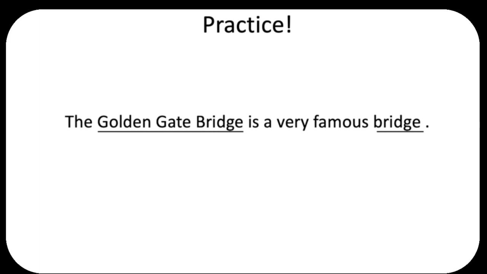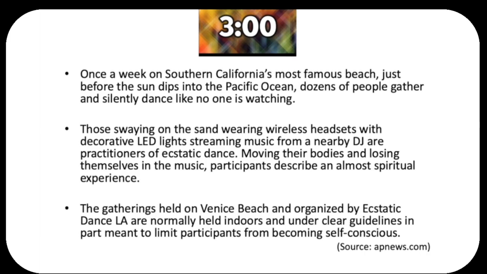Now let's practice what we have learned today in a practical context. Here is an article from the website apnews.com. Can you identify all the types of nouns in this text? First, we will read it, then you will have 3 minutes to find the nouns.